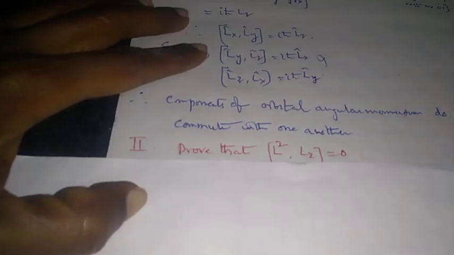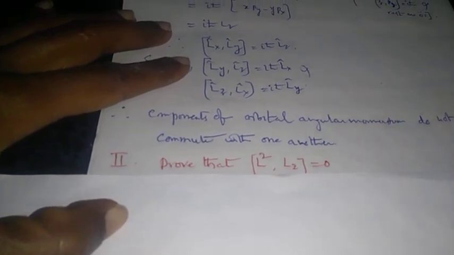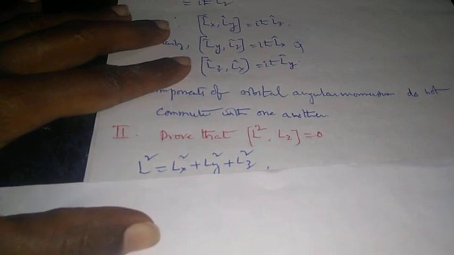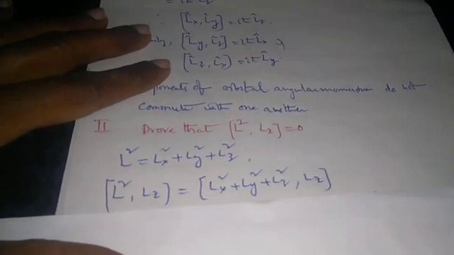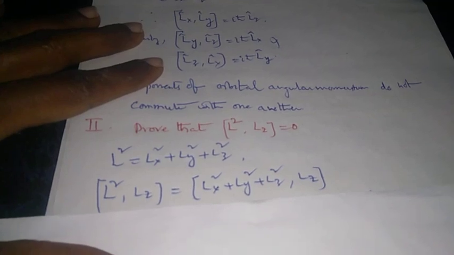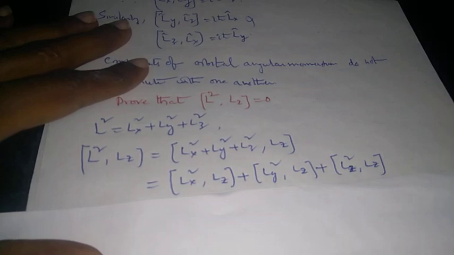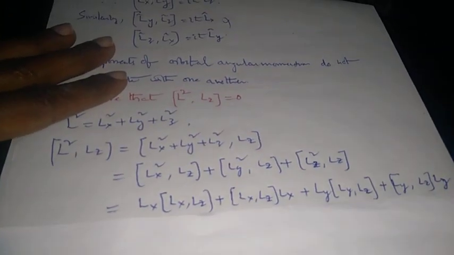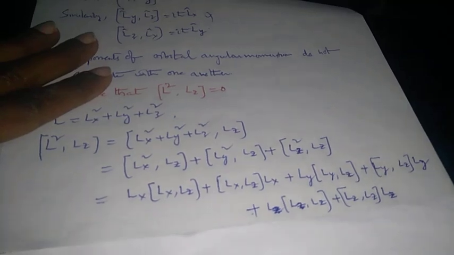Next, we try to prove that the commutator of L² with Lz will be 0. The L² operator can be written as Lx² + Ly² + Lz². So this commutator of L² with Lz can be written like this. We can separate the right hand side into 3 parts, and write these 3 also as 6 terms like this.